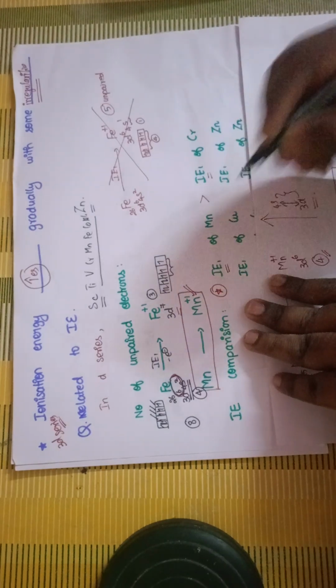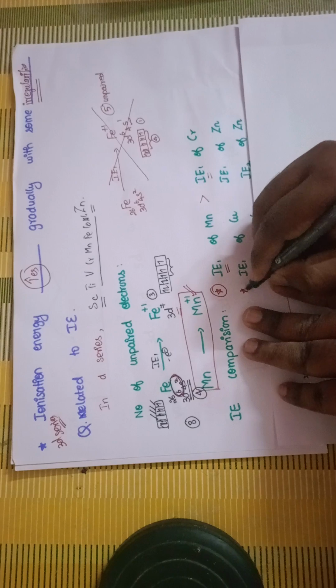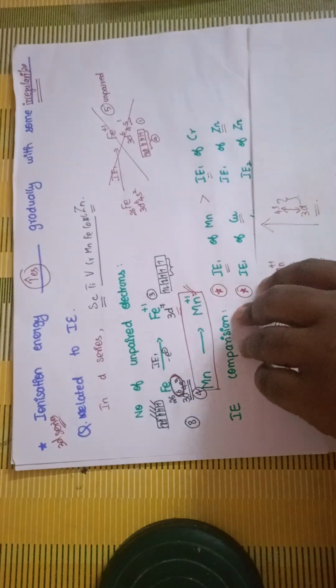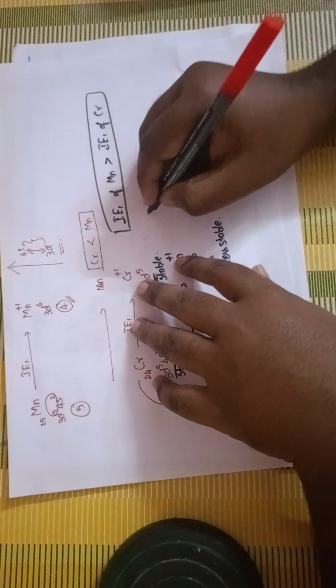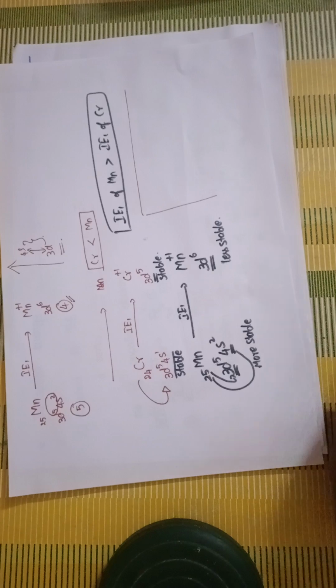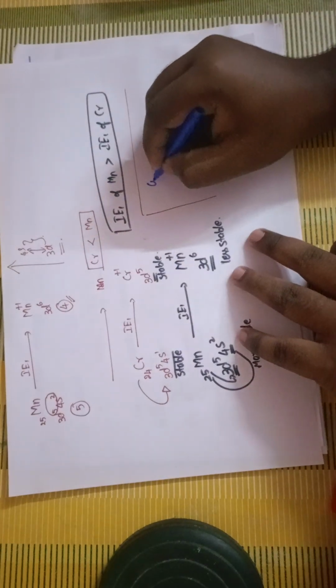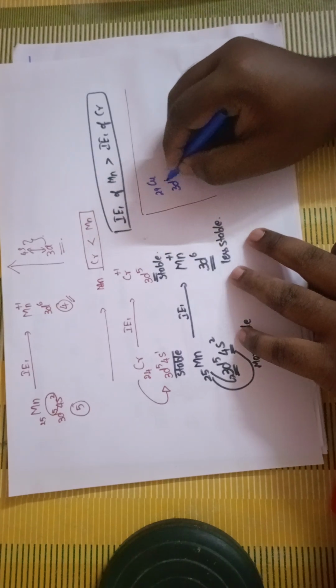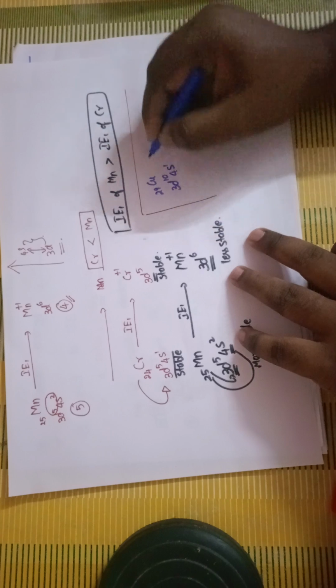First one. Second, compare the ionization energy of chromium and copper and zinc. Pause the video and try to complete it. Copper, atomic number 29, electronic configuration 3d10 4s1.